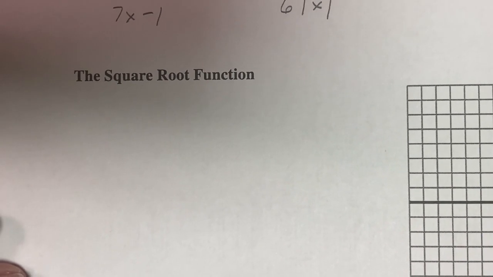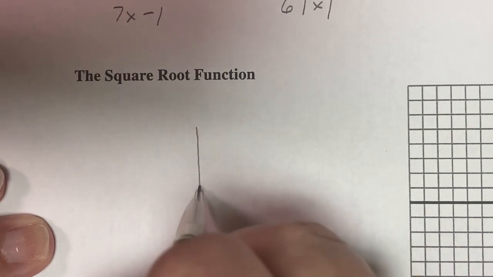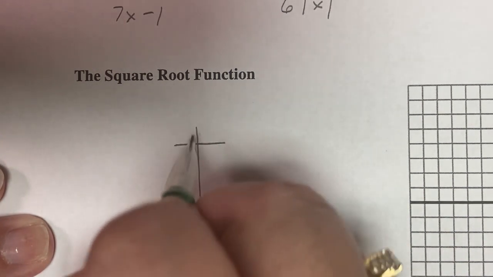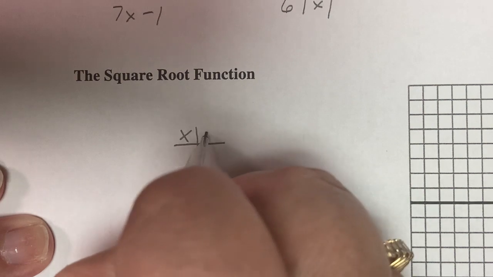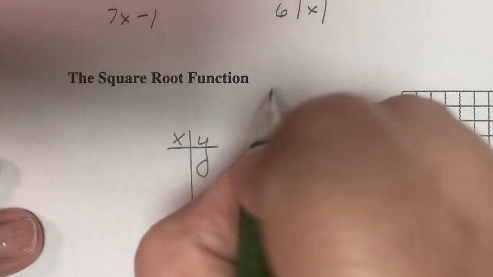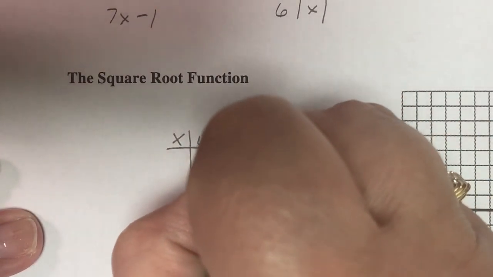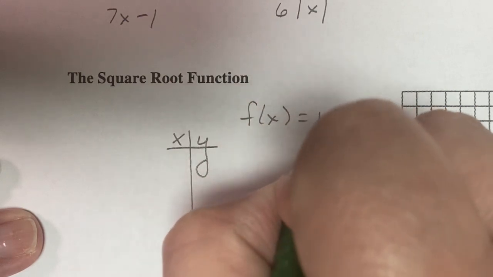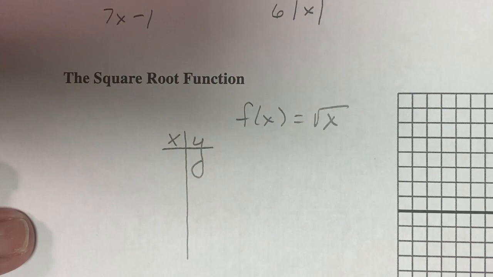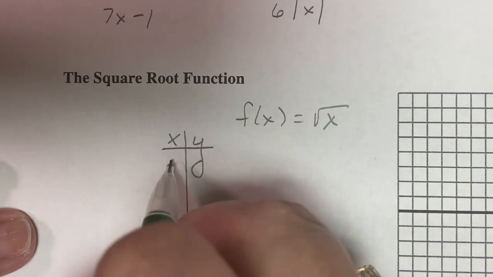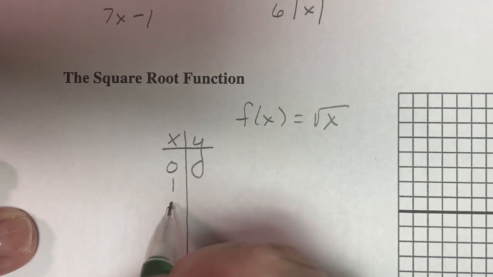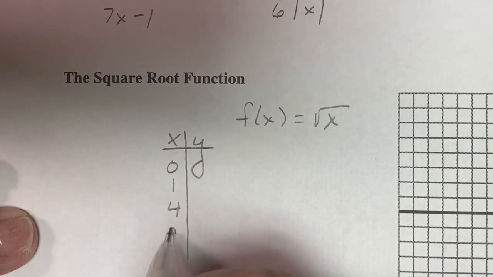All right, well, let's graph the square root function. I actually believe that we've already graphed this, but just in case, let's go ahead. So remember, the square root function looks like this. So if I plug in my x's, and I plug in x's that make sense here.